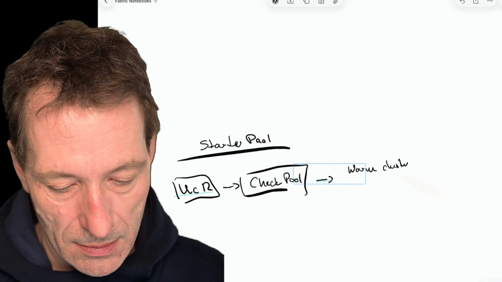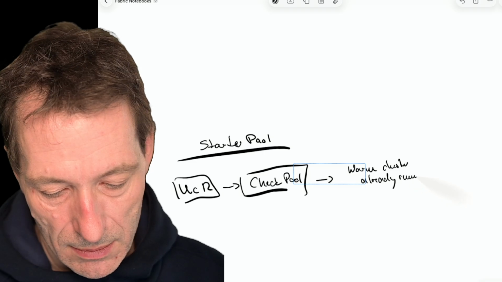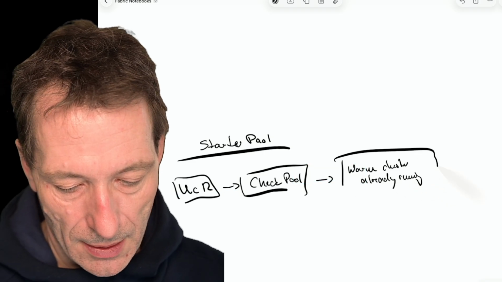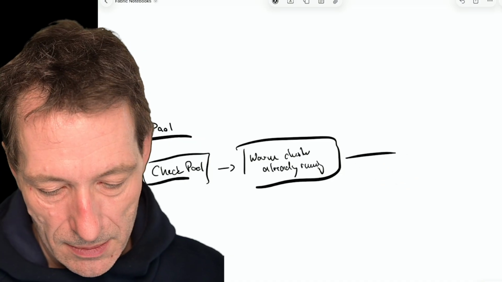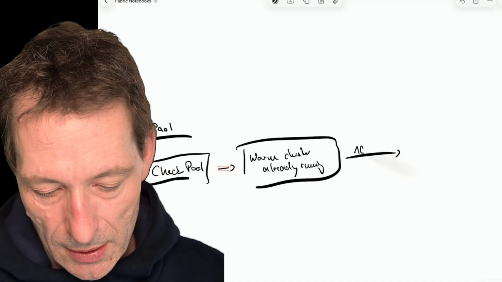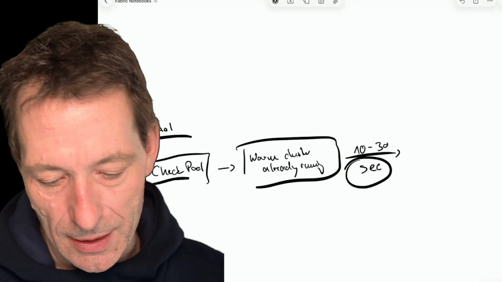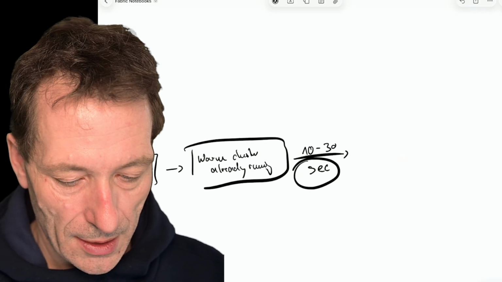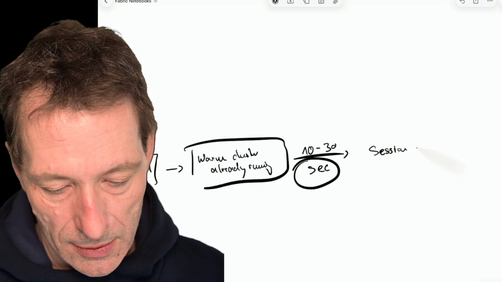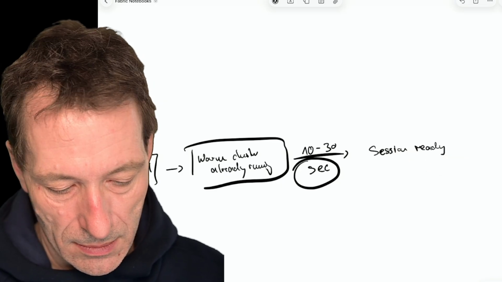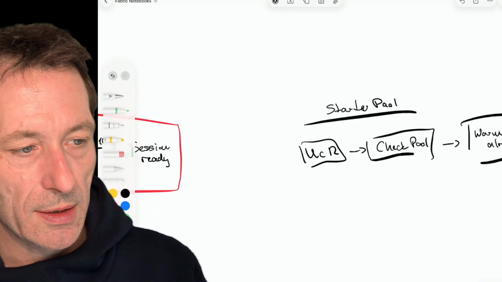It's already running. So you need simply a session assignment. This takes between 10 to 30 seconds. And then your session is ready. It's much faster using the starter pool.